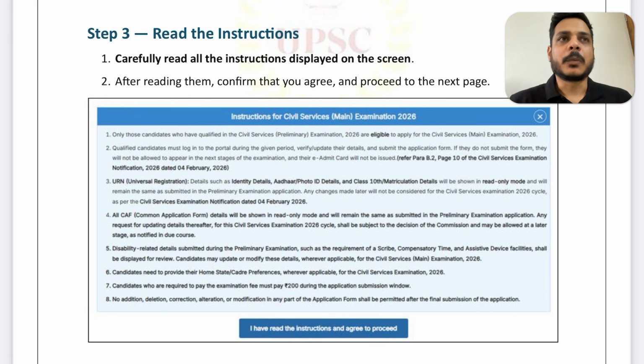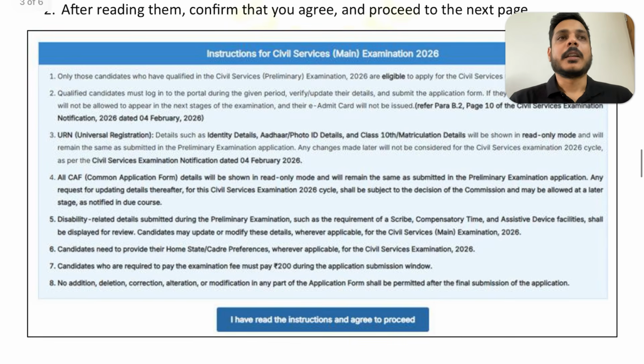For example, the third one, that is URN, which is related to universal registration. It means that the identity details, Aadhaar, photo ID details, and class 10th matriculation details will be shown only in read only mode. That means you cannot edit or change it. Then all your CAF details, that is common application form details, will also be shown in read only mode.